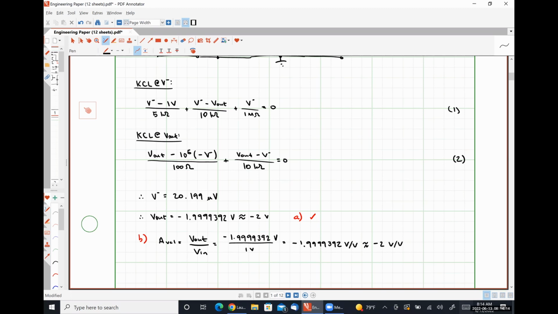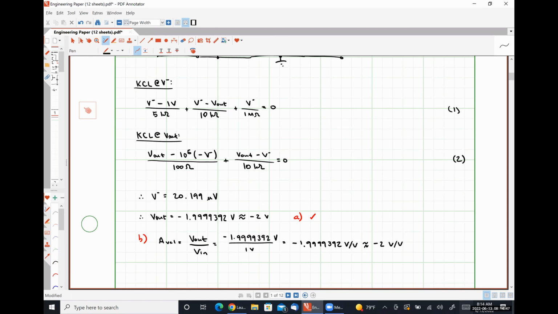So this is one of the things that negative feedback does. Negative feedback tends to significantly lower the voltage gain of the amplifier system, right? We had an open loop gain of positive 100,000, and we wound up getting a closed loop gain of approximately negative 2.